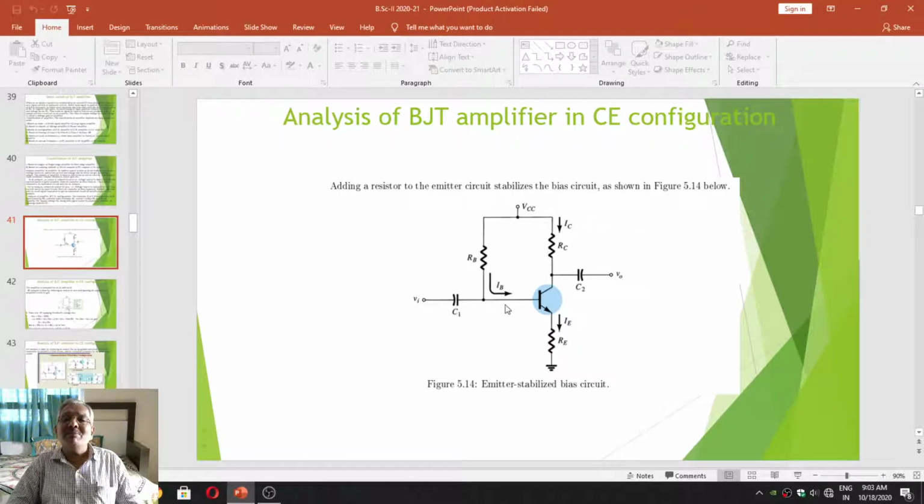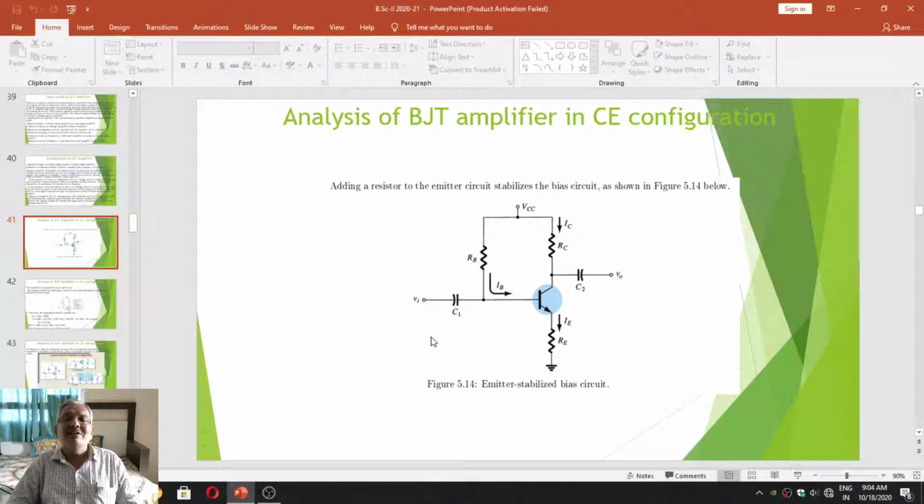The common emitter amplifier circuitry consists of a transistor in NPN mode whose emitter is grounded. That is, the emitter is made common for input as well as output. So that is the reason why we call it a common emitter circuit.